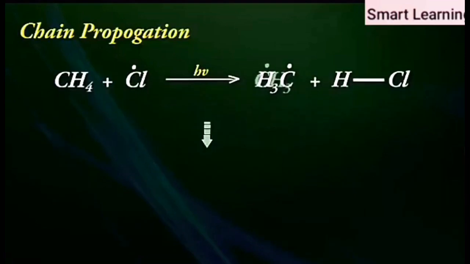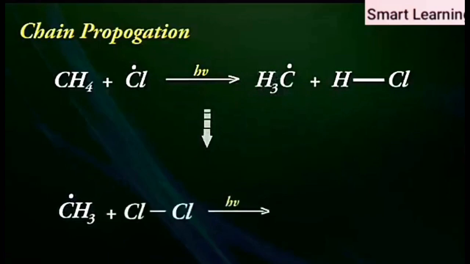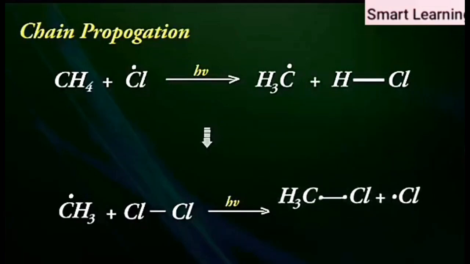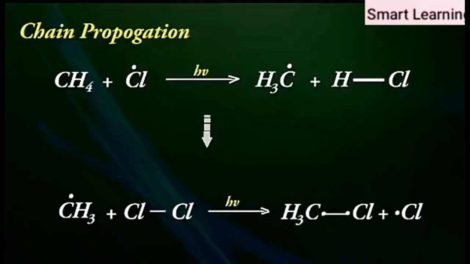The methyl radical thus obtained attacks the second molecule of chlorine to form CH3Cl with the liberation of another chlorine free radical by homolysis of chlorine molecule. Thus, chlorine produces methyl free radicals and vice versa, and thus propagates the chain.